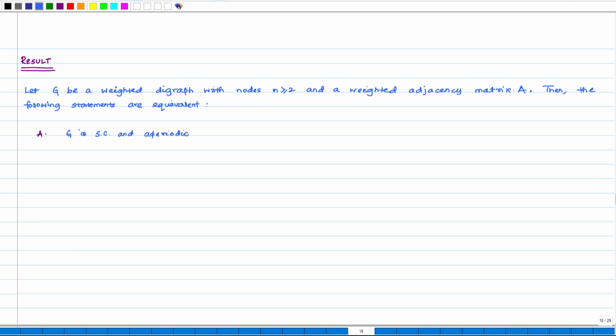So, what is an aperiodic graph or digraph? Now, in an aperiodic digraph, the GCD or the greatest common divisor of the lengths of all of the cycles is simply equal to 1. We know that in such cases a Frobenius number exists.